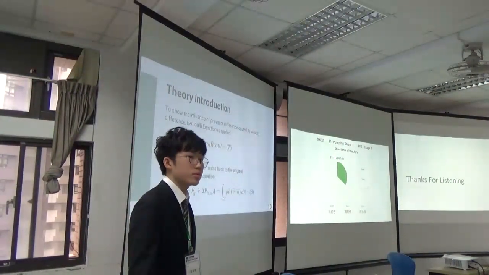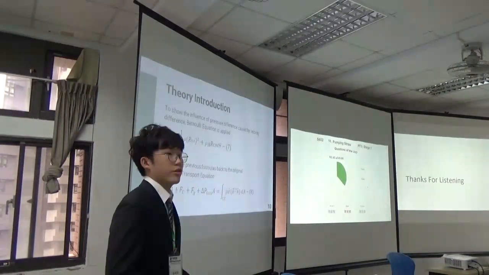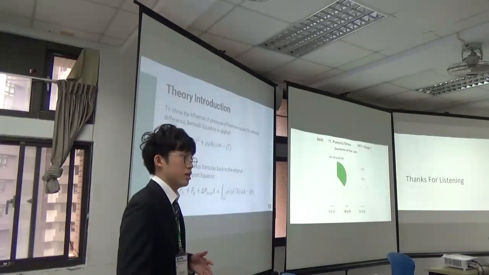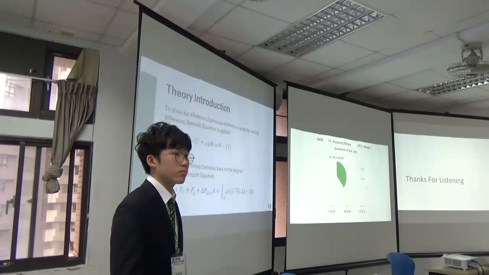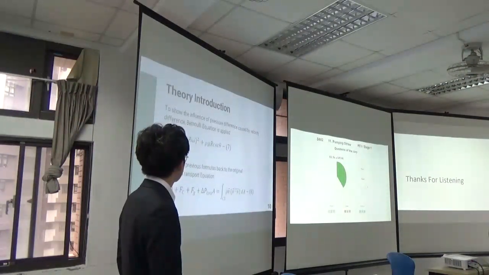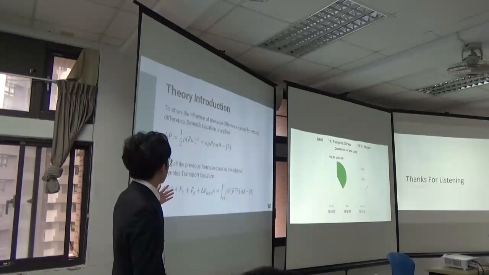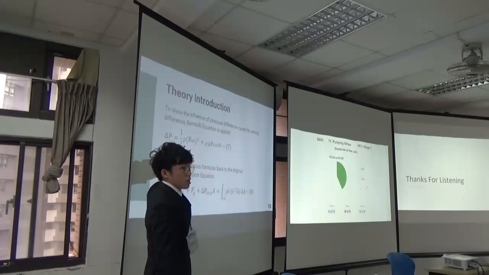Well, this is considered as a minor factor because, as stated in our experiment, the centrifugal force also has its influence. So this is the second term. What is the second term? It's density and the velocity.